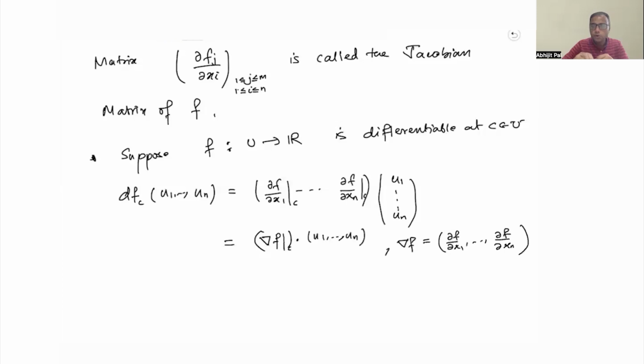If that map is nice enough, in the sense that it is differentiable, the differential is injective, and it is also a homeomorphism onto its image, then the image of that open set will give you a surface in R3. That we'll do in the next class. I'll stop here.